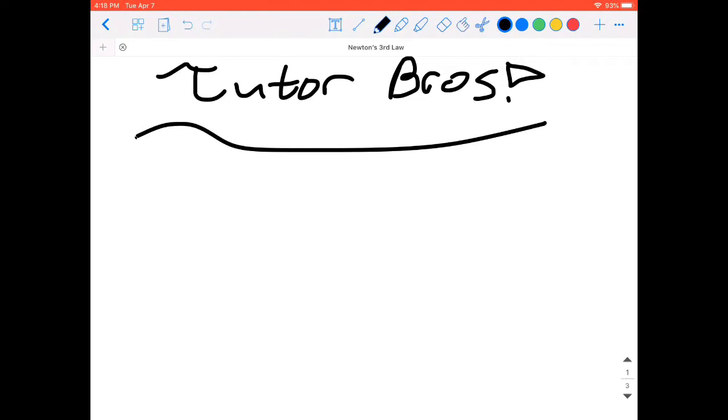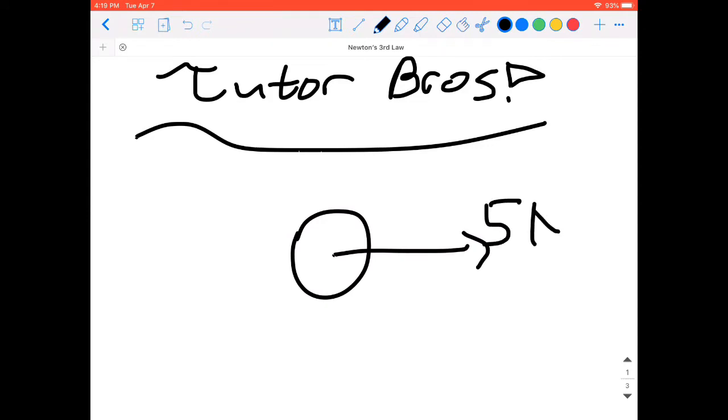So, Newton's third law states that every force has an equal and opposite reaction. And so let's imagine that we have a ball, and there's a force of 5 newtons to the right, and that ball is 1 kilogram. That's its mass.